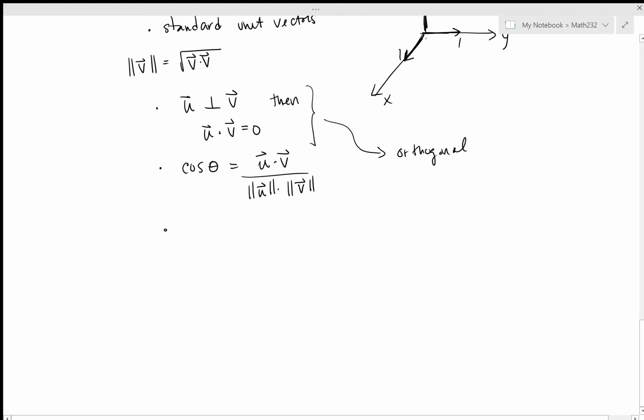If there's a whole set of vectors and they're mutually in pairs orthogonal, we call the whole thing an orthogonal set. We also had the word orthonormal. And orthonormal means orthogonal plus the vectors are unit length. We saw the Cauchy-Schwarz inequality. This was, I think, one of the hardest proofs we had.